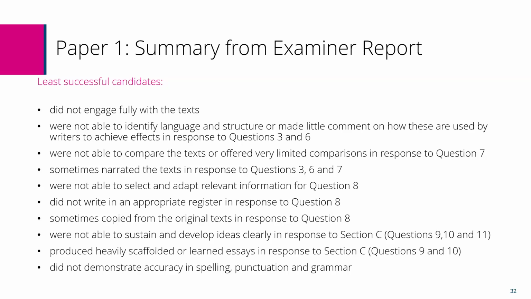For question 8, they were not able to select and adapt relevant information and did not write in an appropriate register, sometimes copying from the original text. For the writing question in section C, questions 9, 10, and 11, they were not able to sustain and develop ideas clearly. They produced heavily scaffolded or learned essays, and they did not demonstrate accuracy in spelling, punctuation, and grammar.